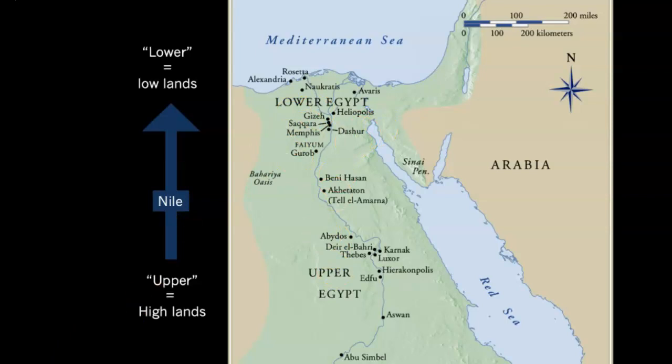The modern day country of Egypt does follow many of the borders of the ancient empire of Egypt. So we see natural borders of the Mediterranean and the Red Sea.